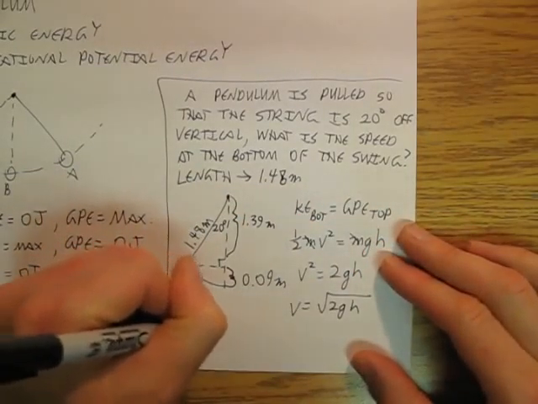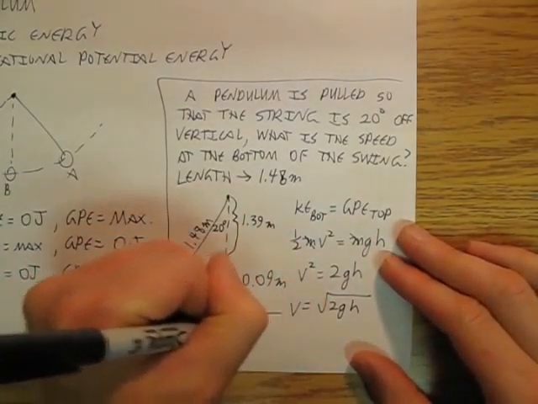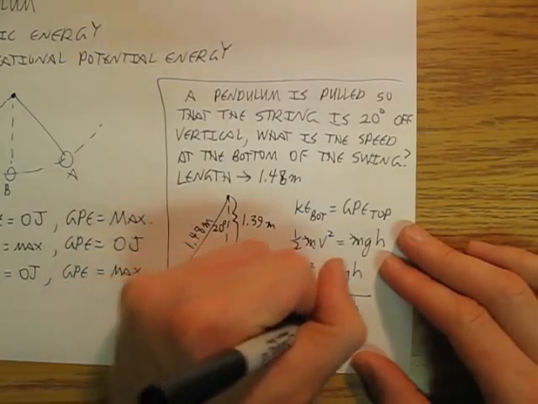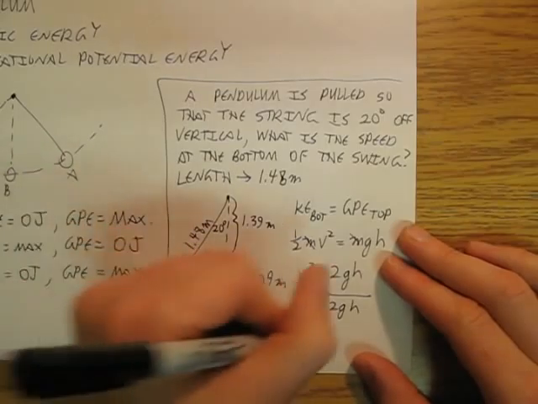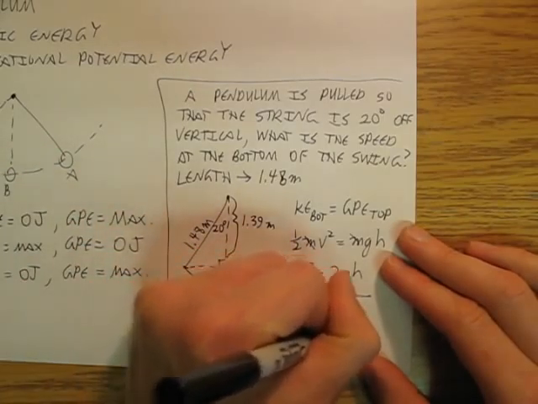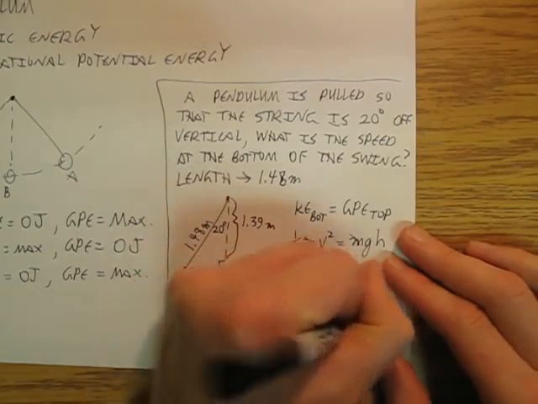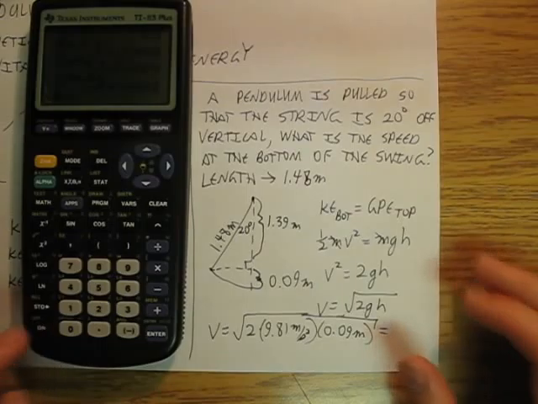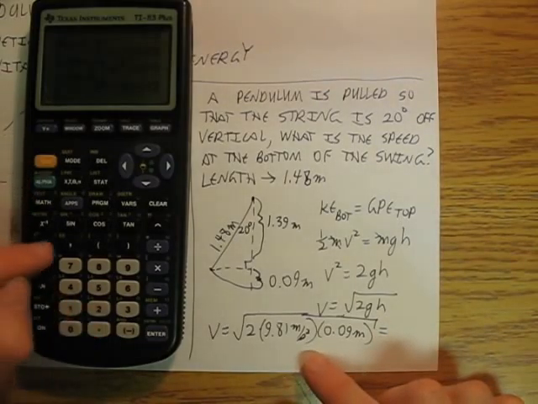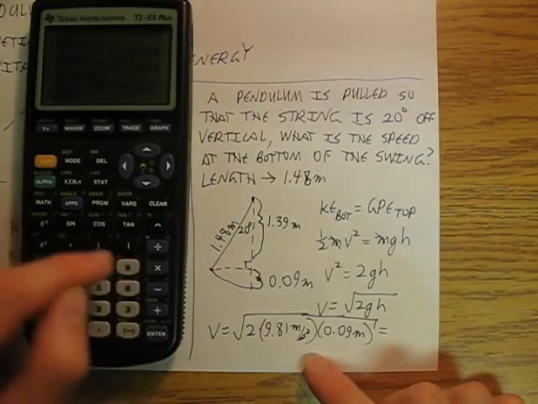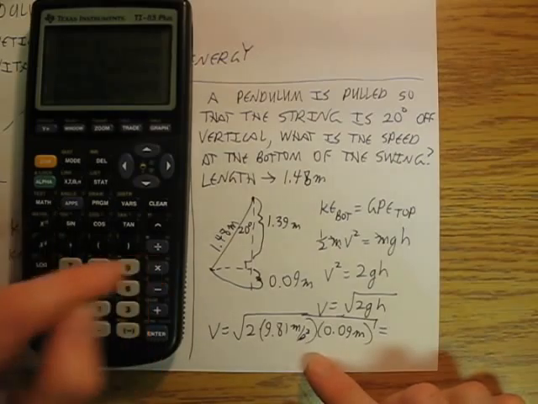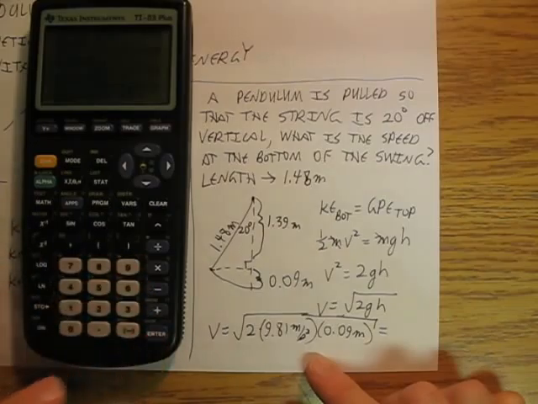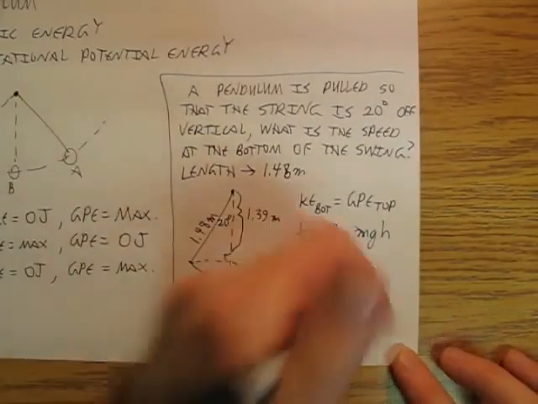And so v equals the square root of 2 times 9.81 meters per second squared times my height, which is 0.09 meters. And I get my maximum speed at the bottom, which is the square root of 2 times 9.81 times 0.09, so 1.32 meters per second.